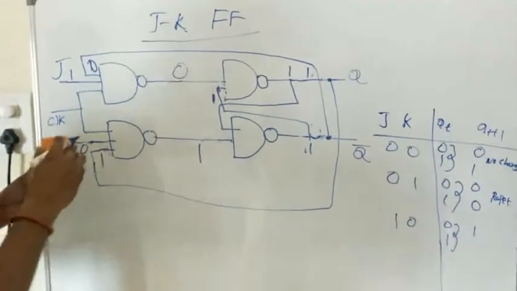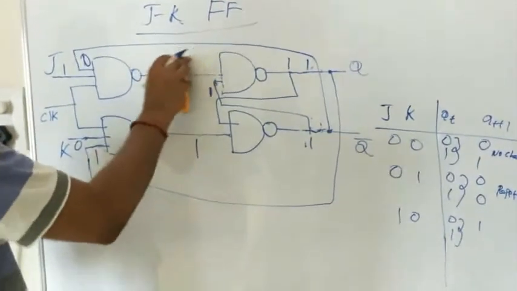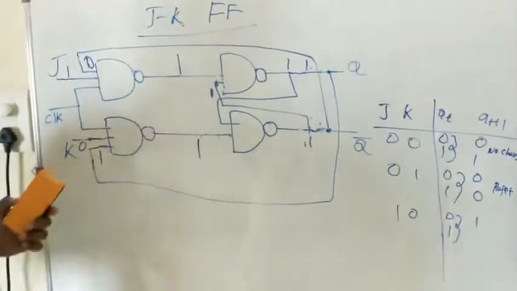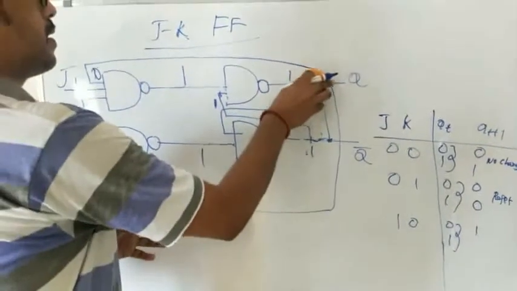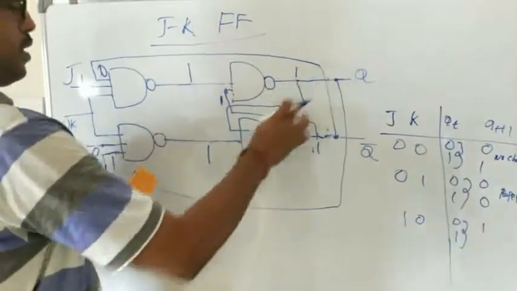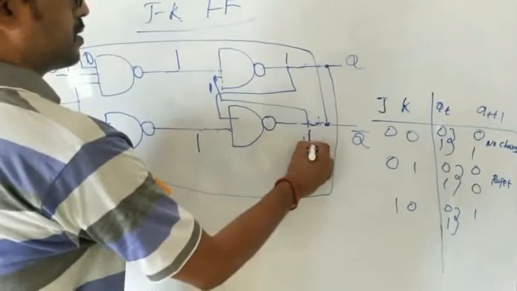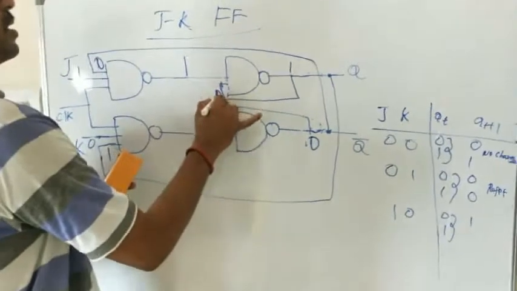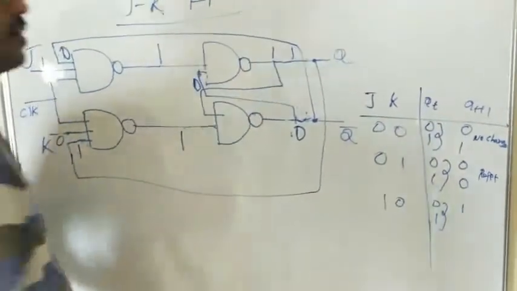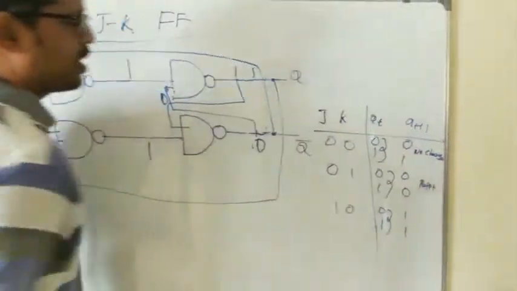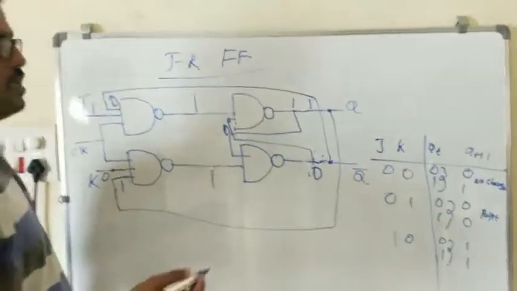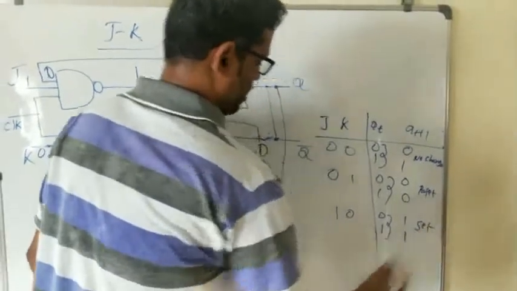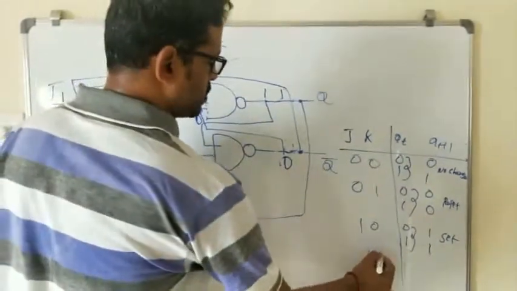Q dash becomes 0 means this becomes 1. Now we have assumed 1 here. 1 1, what will happen? If both inputs are 1, it is 0. Here 0 will come. If any one of the inputs is 0, the output is going to be 1. So irrespective of the present state 0 or 1, it goes to 1. So it is the set state. Okay. So the final input is 1 1.